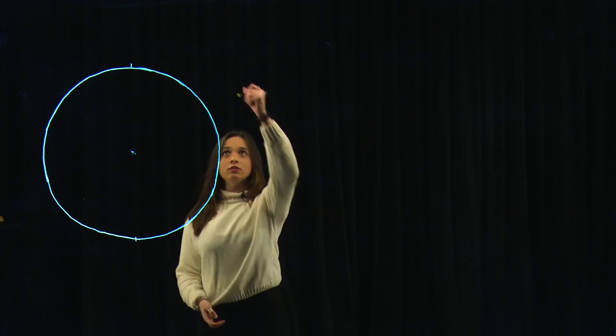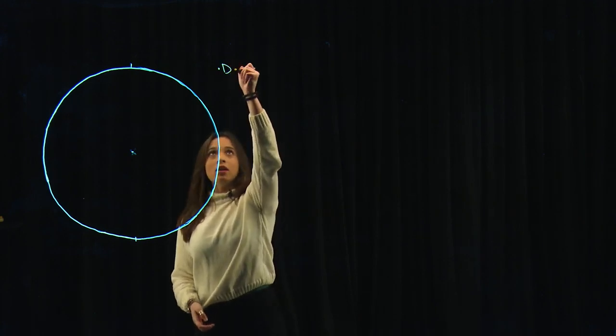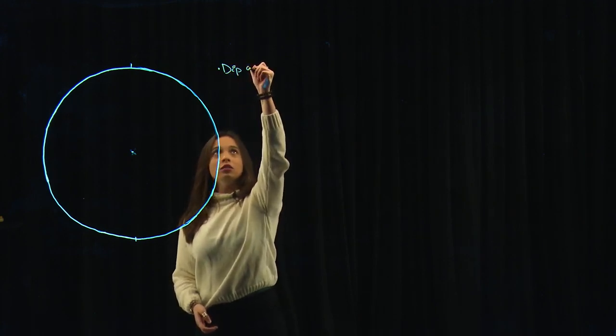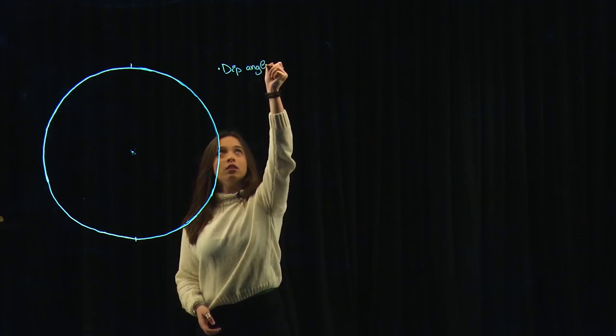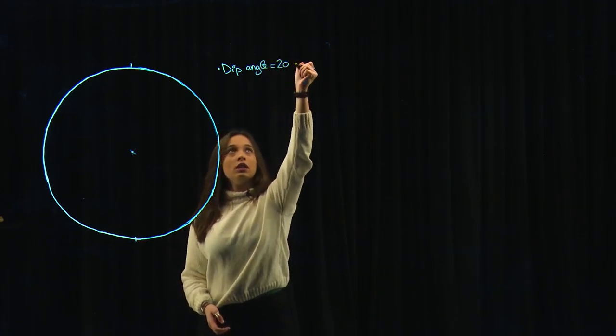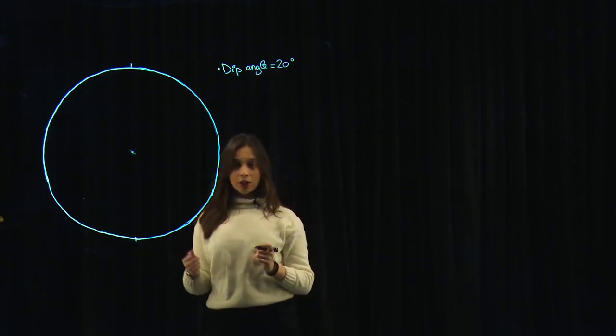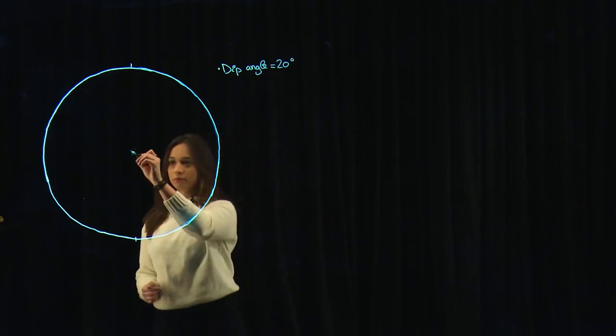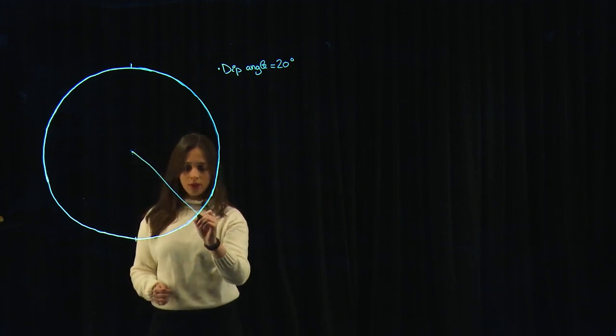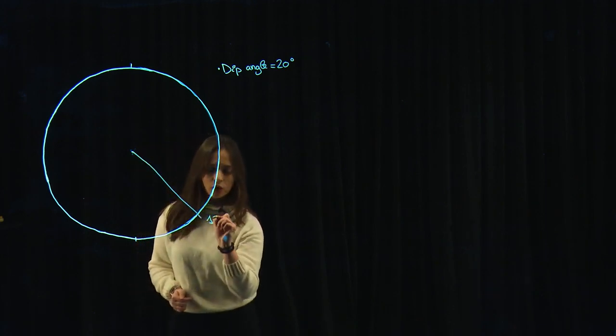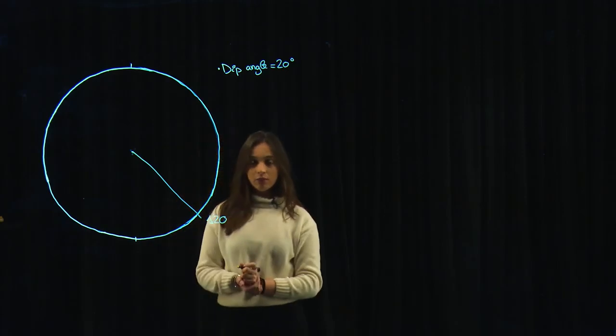The first way to write down the information about our plane is using the dip direction and dip angle. We already mentioned that the dip angle is 20 degrees. And in our compass, the dip direction will look like this. It's 120 degrees.